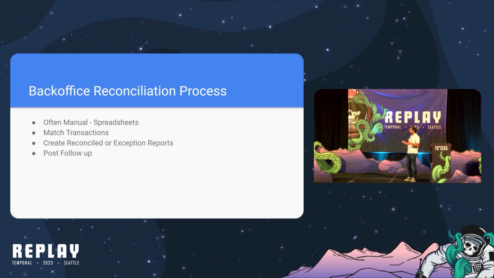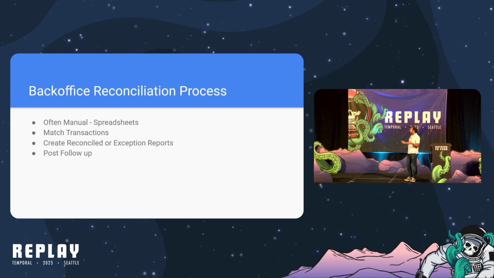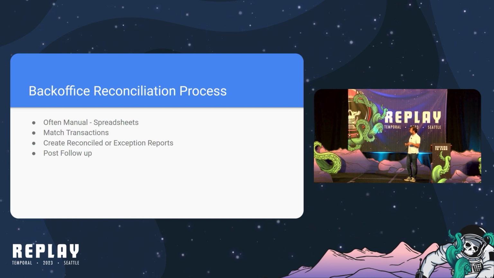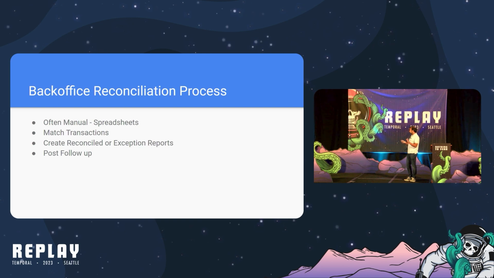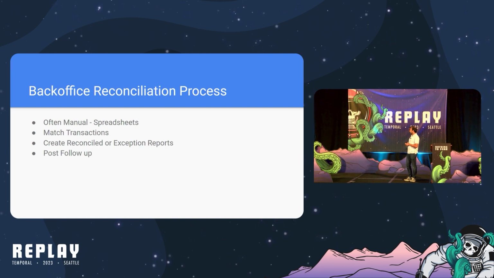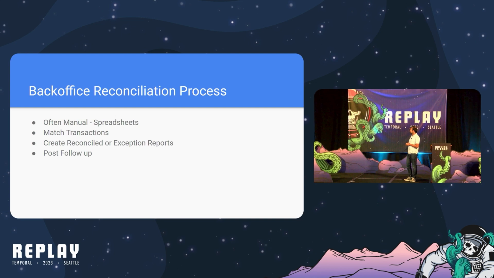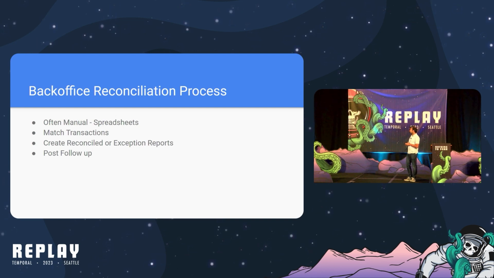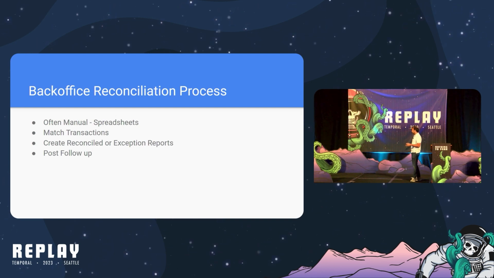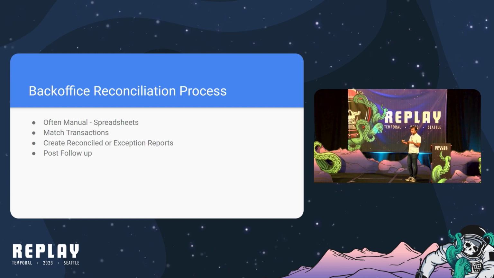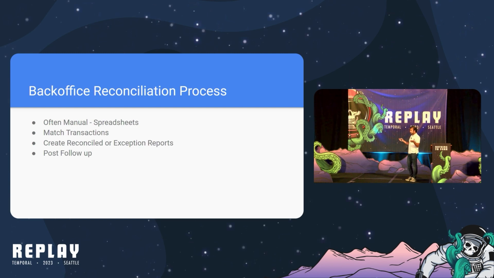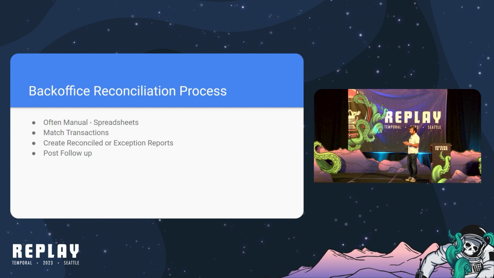So what does the reconciliation process mean for back office? How does it work? Mostly, a lot of banks are still on spreadsheets. They do it manually and deal with spreadsheets, which is obviously error prone and not recommended. The first thing they do is match transactions. It's painful, but that's what they do.